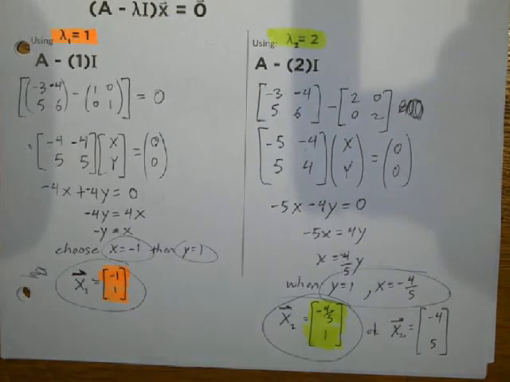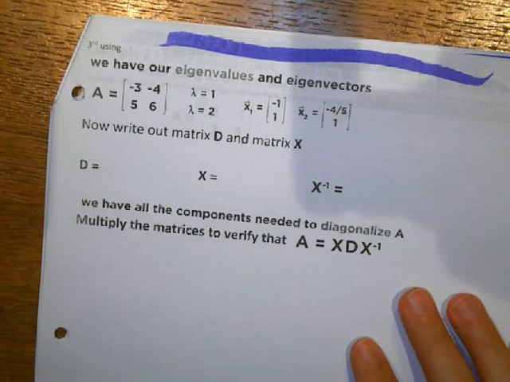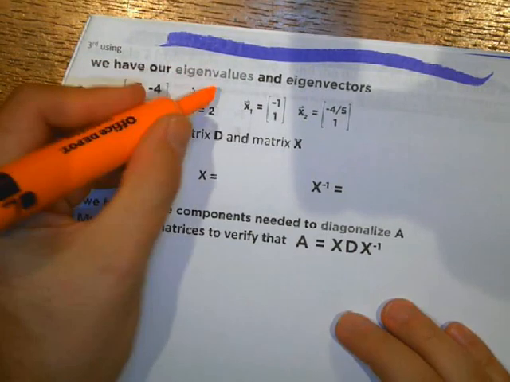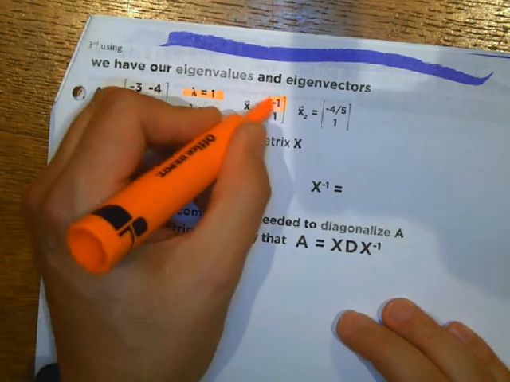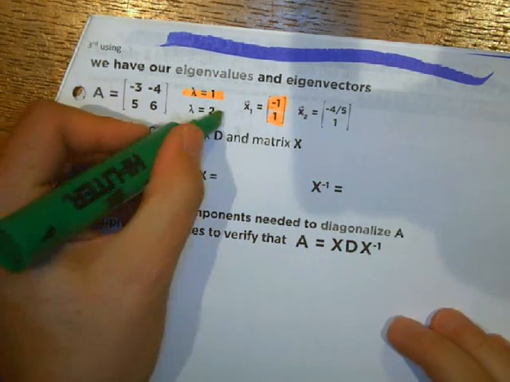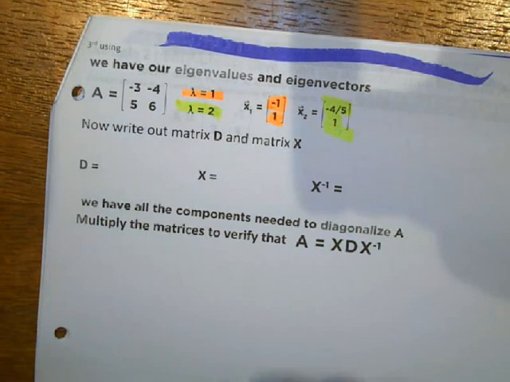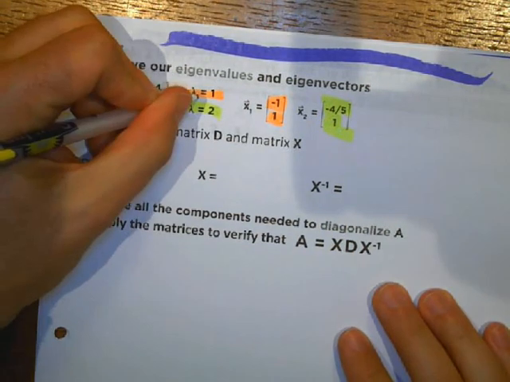So we're going to use that for our next part here. Okay. So as I said before, eigenvalue 1 goes with this eigenvector, and eigenvalue 2 goes with this eigenvector.